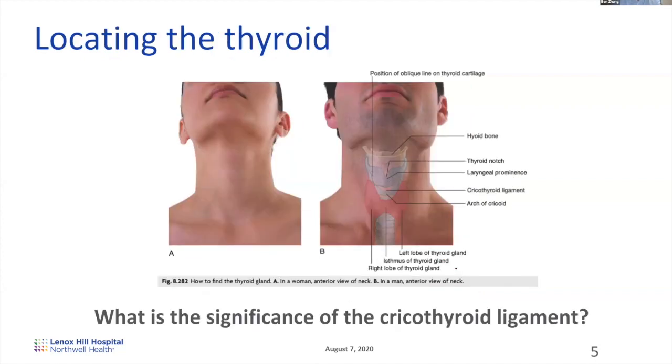So, locating the thyroid, if you have any problems, let us know. In general, you have your laryngeal prominence, which is a notch in your thyroid cartilage. Your hyoid bone is also superior to your thyroid cartilage. This bone is unique because it's not really attached to any other bone.